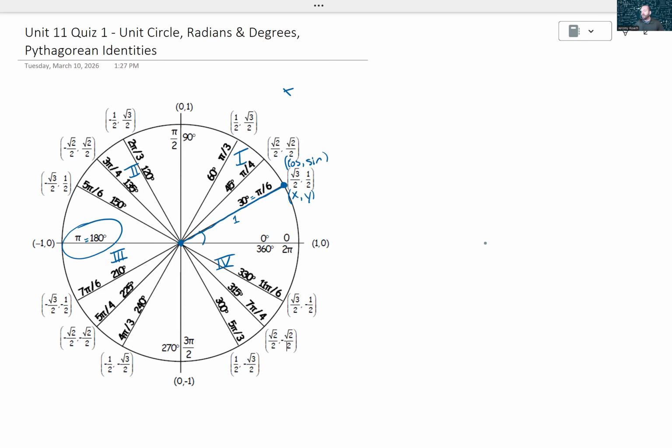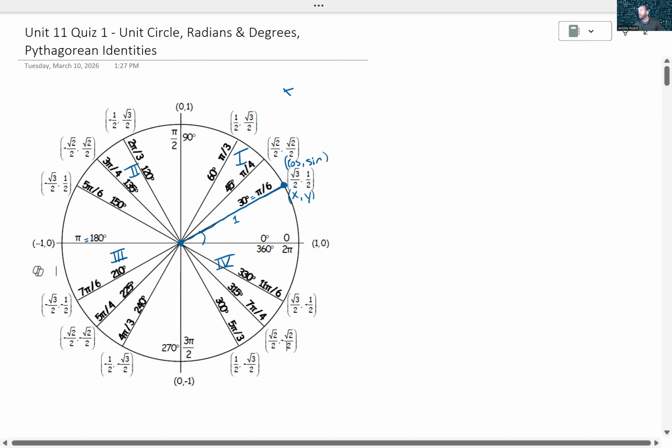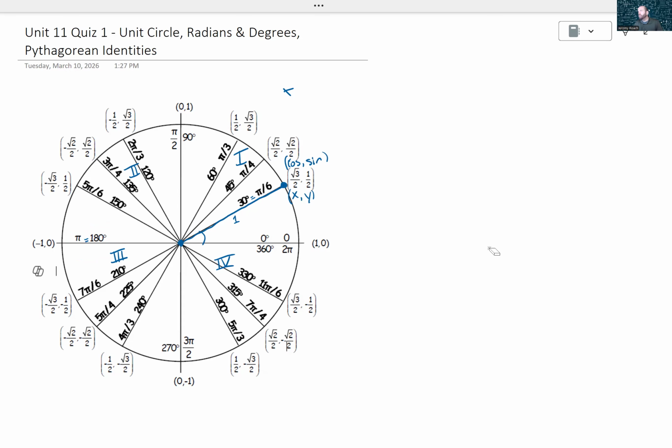The reason that we have sine and cosine is because we can start to look at a proof of how sine and cosine exists as these coordinates. So let's look at a quick example here. If we make this into a triangle, this becomes a right triangle.